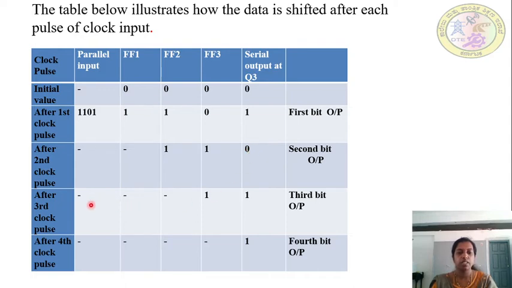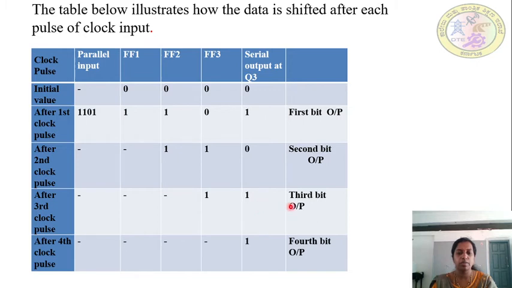Next, after the third clock pulse, there is no data to be input, so the blank value or 0 value will be taken as 0 and shifted to FF2, the FF2 value will be shifted to FF3, and the FF3 value will be shifted to the serial output at Q3.